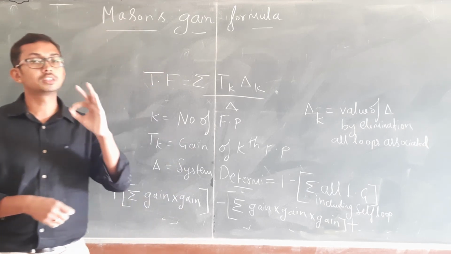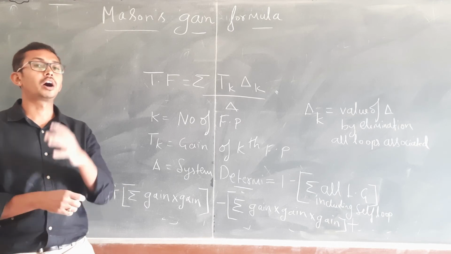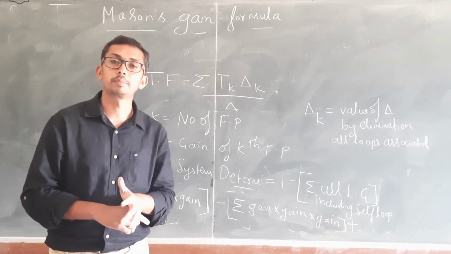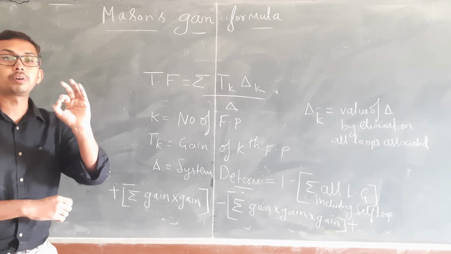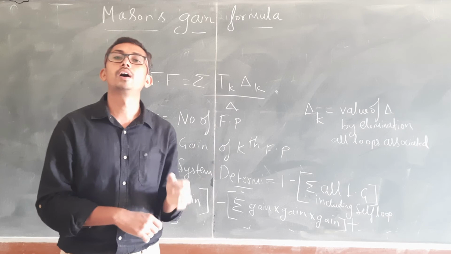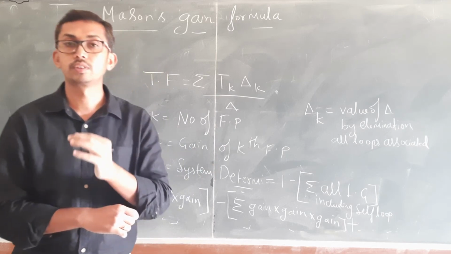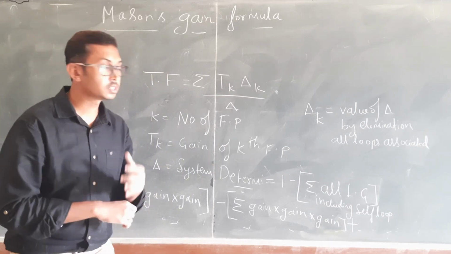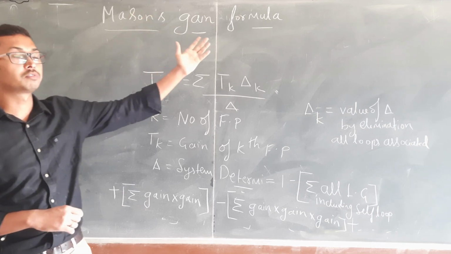But in the signal flow graph representation, after getting the signal flow graph, with the help of a single formula, just applying this small formula, we are going to get the transfer function of the given system. So that is Mason's gain formula.